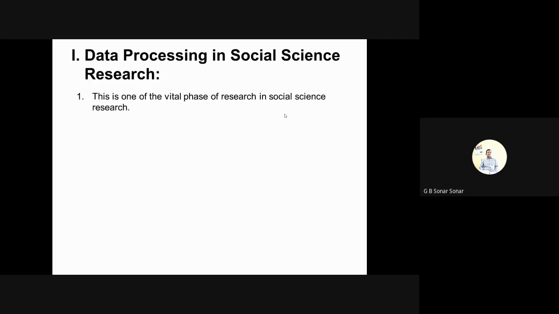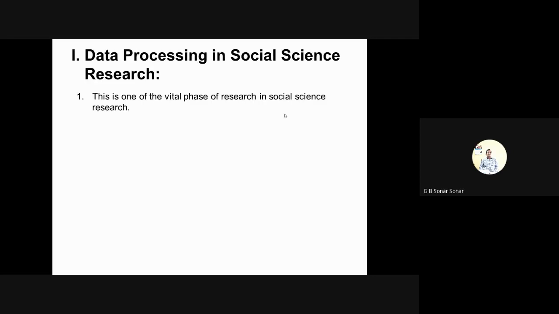So what I was mentioning about research lacuna, research gap, is nothing but the unexplored or partially explored areas in the area of research that we are interested to do our research. By doing review of literature, we will be able to identify the research gap.